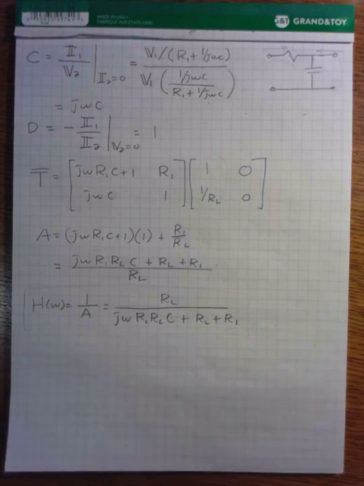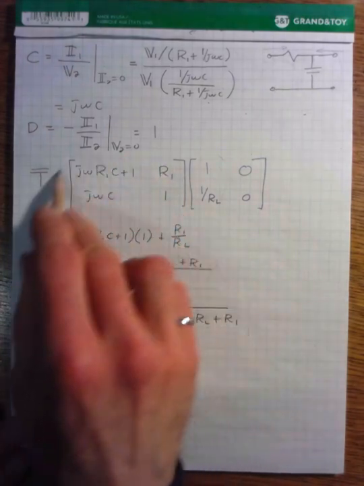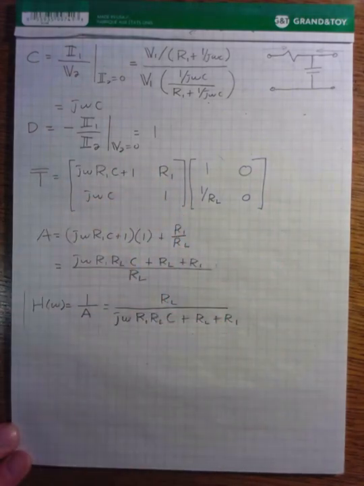And so hopefully this illustrates how this all kind of works and hangs together. And so, again, the whole point, and the whole efficiency of ABCD analysis, is that once you've figured out the ABCD parameters, you never have to figure them out again. It doesn't matter what system you're cascading it with. All you do is just perform the matrix multiplication, and then you can figure out the overall performance of your cascaded system.